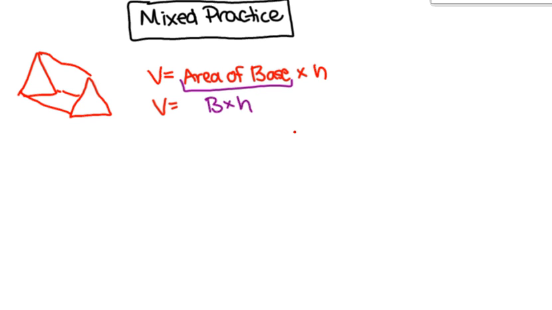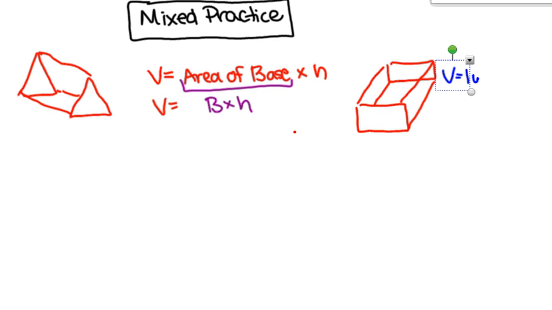The next one that we looked at was the rectangular prism. And I think about the rectangular prism like a box. And the formula that we use to find the volume of a rectangular prism is our good friend volume is equal to length times width times height. That's my favorite one.